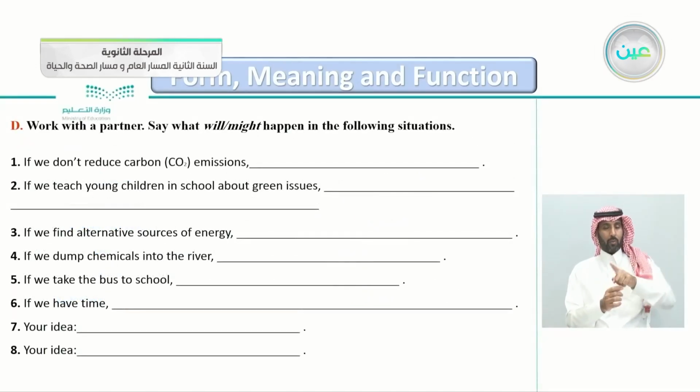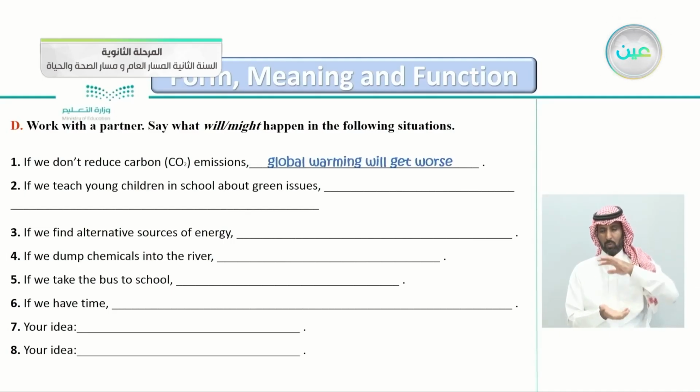Exercise D. Work with a partner and say what will or might happen in the following situations. You can, of course, continue this by yourself. For example, I wrote in the first one, if we don't reduce carbon emissions, what will happen?